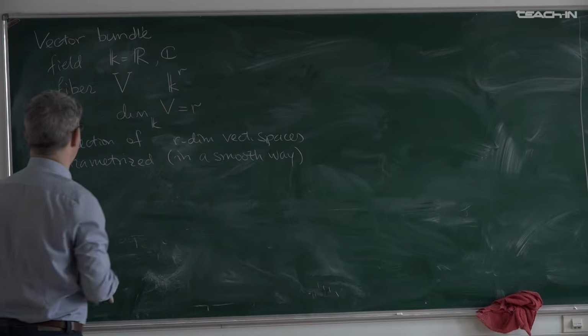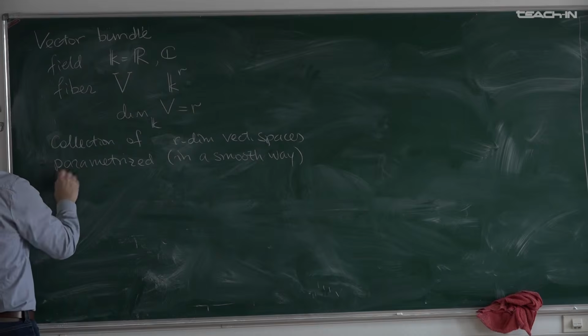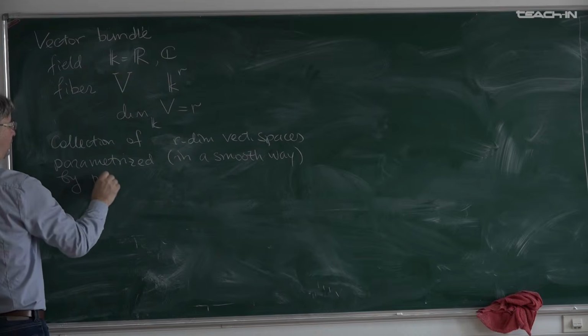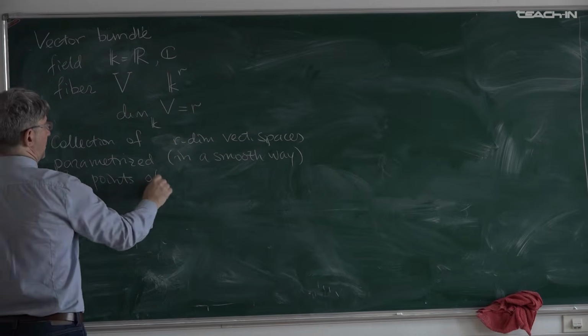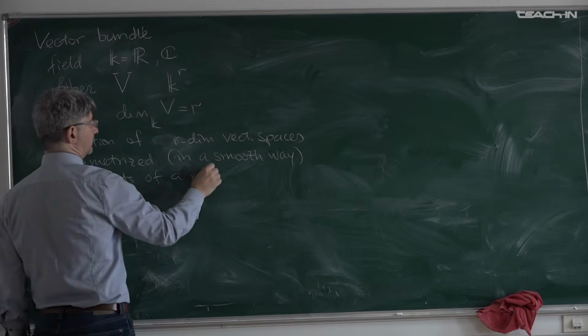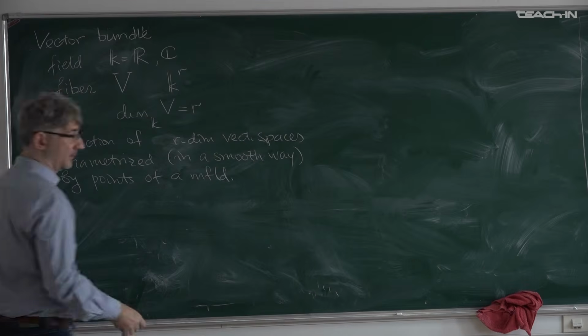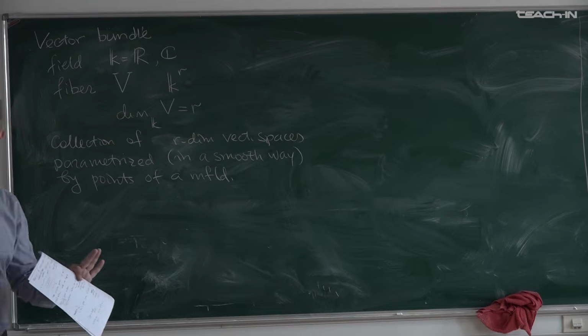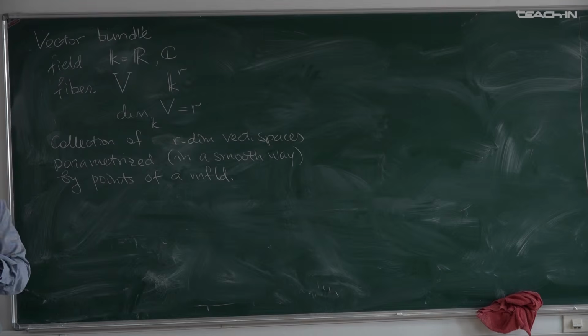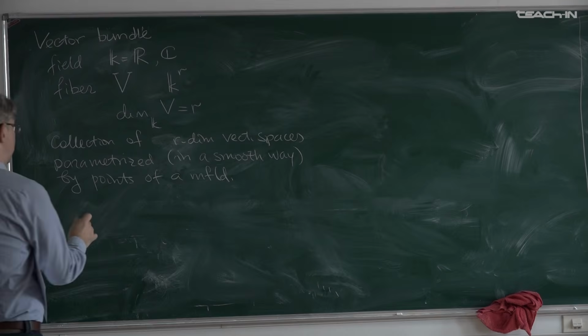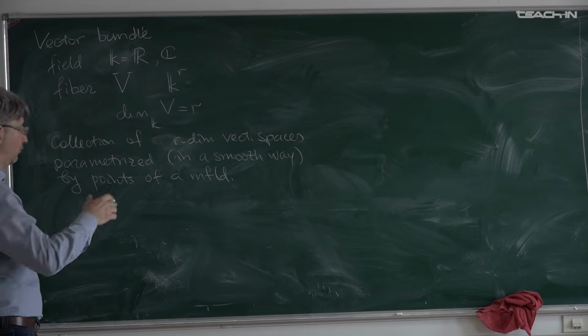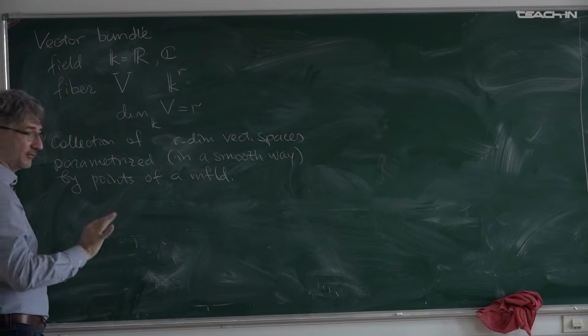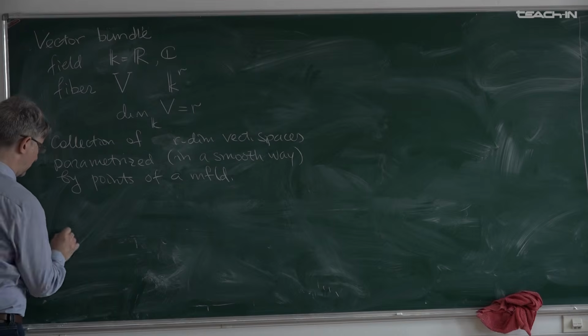What does it mean? By points of some manifold. So we have a bunch of vector spaces, and they are in some sense glued one to another. And the parameterizing point belongs to some manifold. Some very specific, two examples.